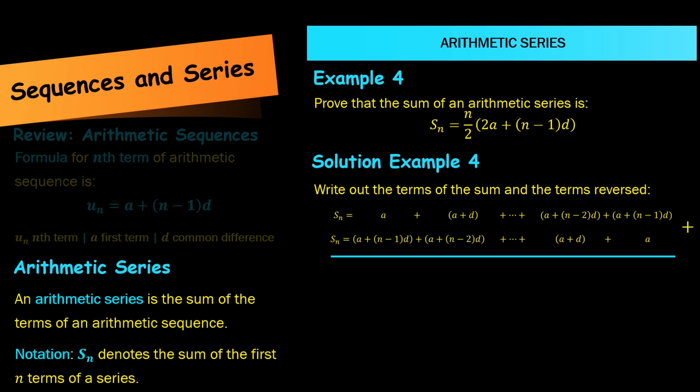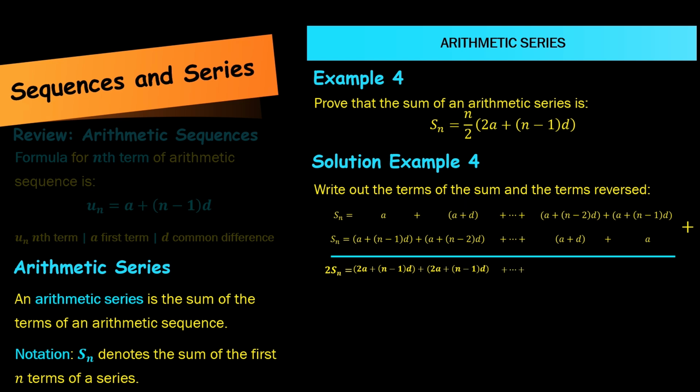If we add these, we have 2 times S subscript n equals 2a plus n minus 1 times d, because we're adding a and a plus n minus 1 times d, plus, again, 2a plus n minus 1 times d, because this time we're adding a plus d plus a plus n minus 2 times d.